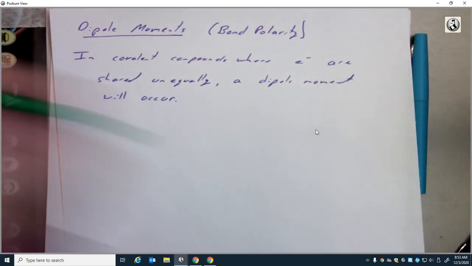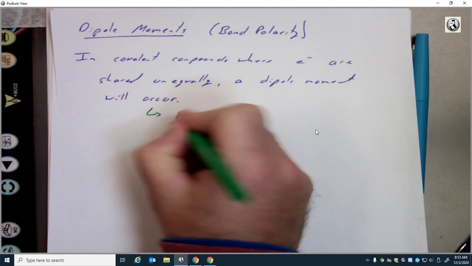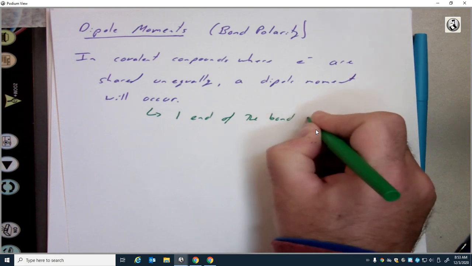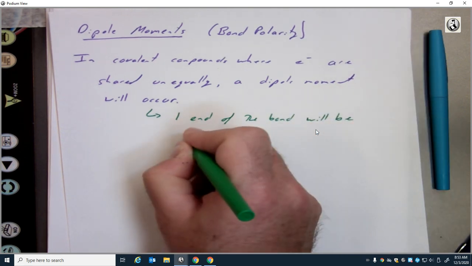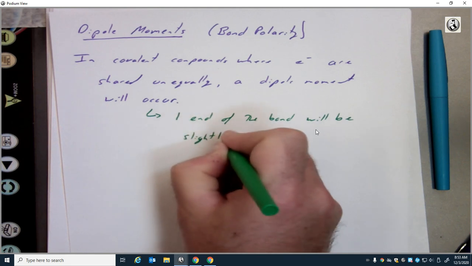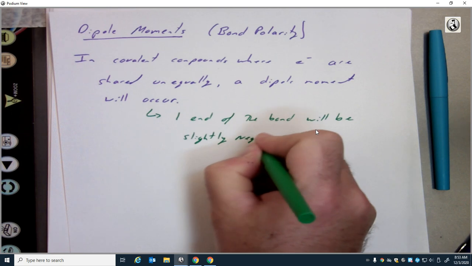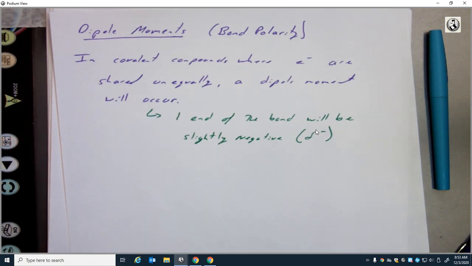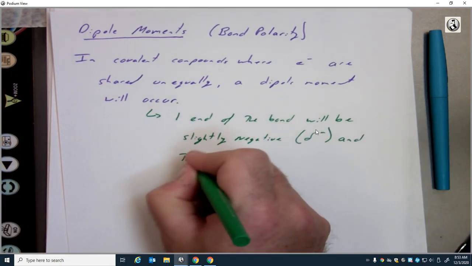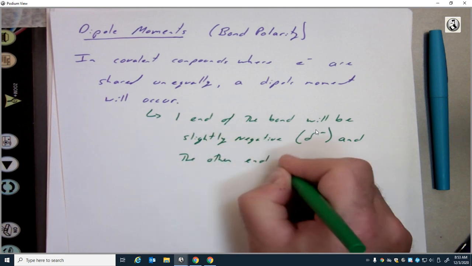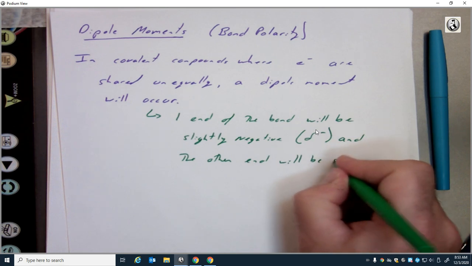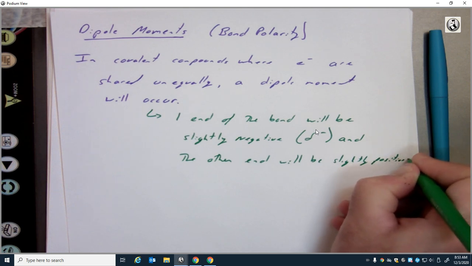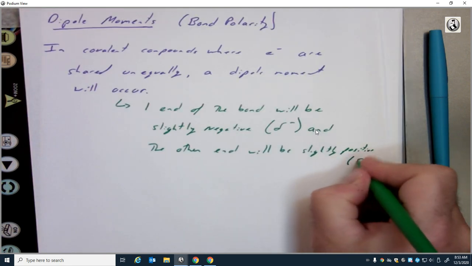When this dipole moment occurs, one end of the bond will be slightly negative. We use this weird sign like this. And the other end will be slightly positive.